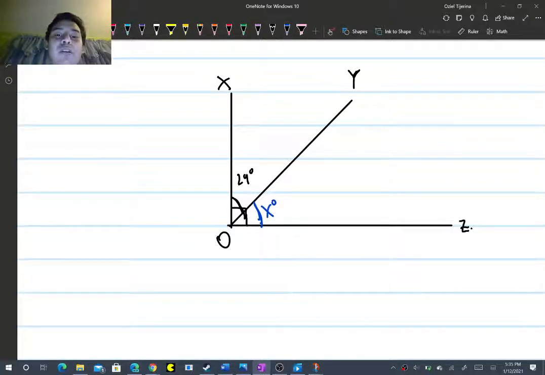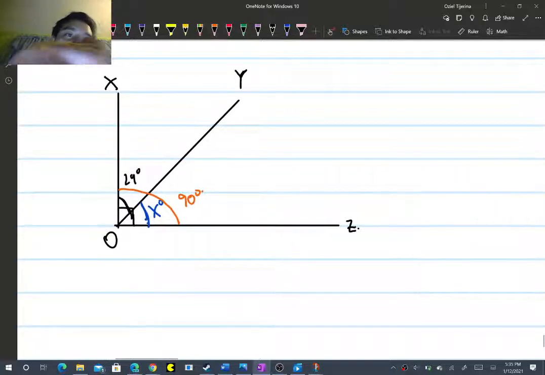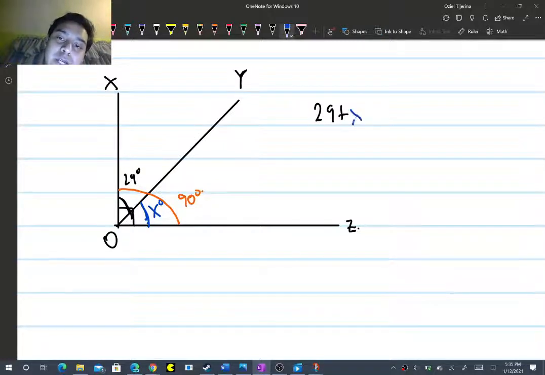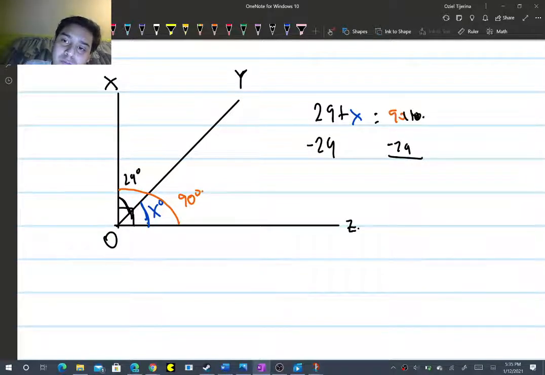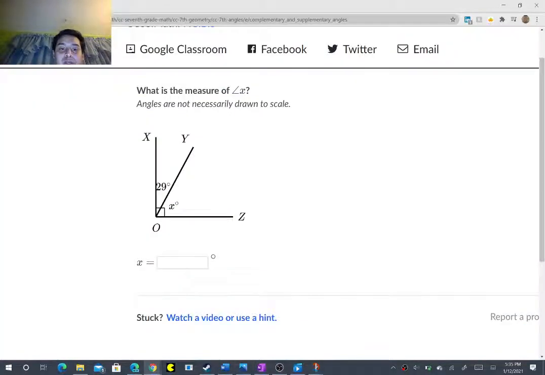We know that this entire angle is 90 degrees. So knowing that, we have 29 plus x equals 90. We subtract 29 on both sides, so x is going to be 61 degrees.